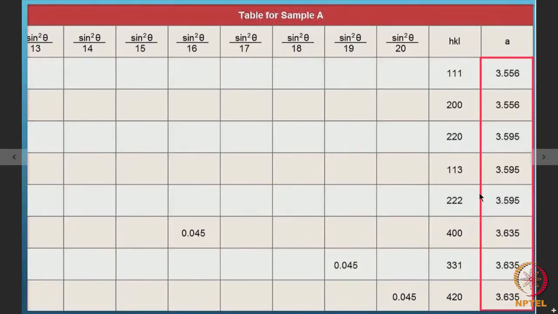But for some reason which I will explain later, we take the lattice parameter determined from the highest angle line in the pattern to be the most accurate. That means, out of all these a values we have calculated from the different lines, we will consider this one calculated from the highest angle line in the pattern to be the most accurate. We will find out the reason why very soon.